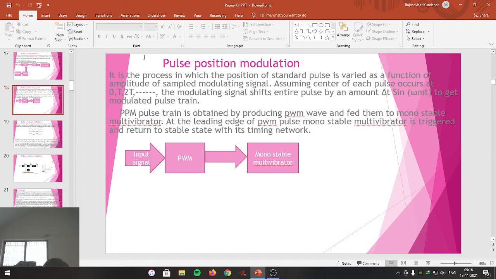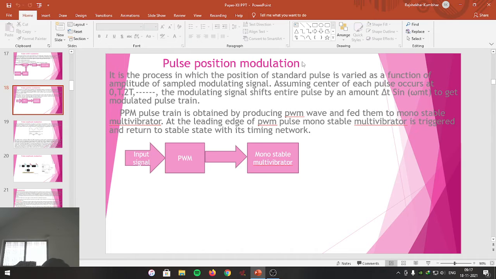Friends, today we are going to consider two other digital modulation methods, of which one is pulse position modulation, that is PPM. It is the process in which, as the amplitude of the sampled signal changes, the position of the pulse changes.